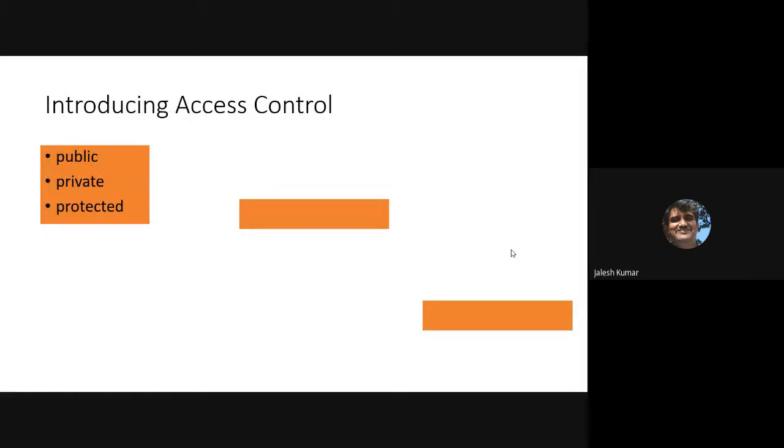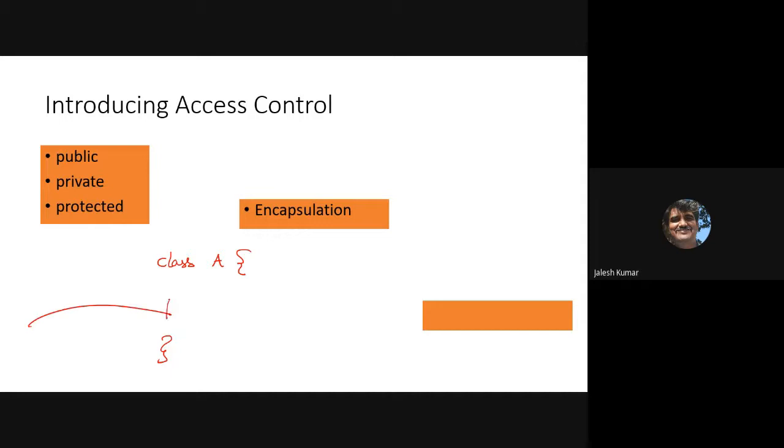Now, what is the use of this? What is the purpose of access control? Because we discussed a very important property of Java, that is encapsulation. What is encapsulation? It looks like you are writing a class, and after that the name of the class and an open curly bracket and close curly bracket.